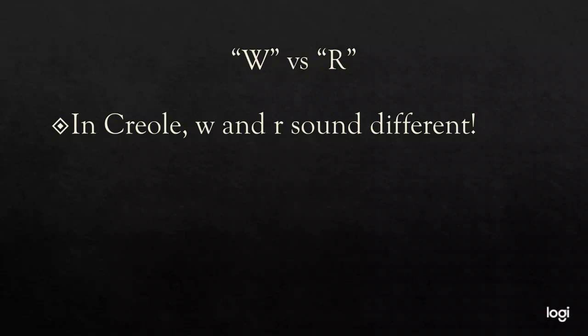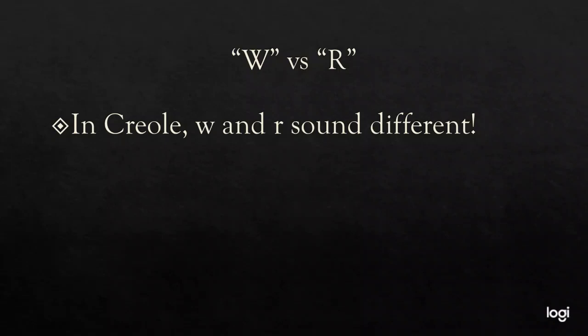However, we also have that other sound. In English it's hard. For instance, the way you pronounce the R in English is almost like a W, but in Creole you've got to be very careful.